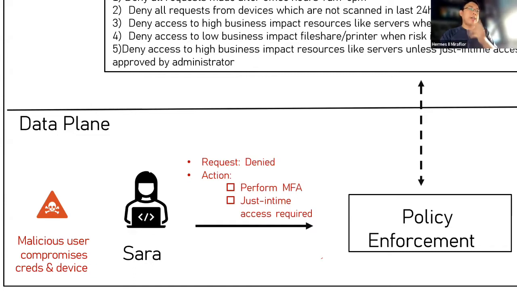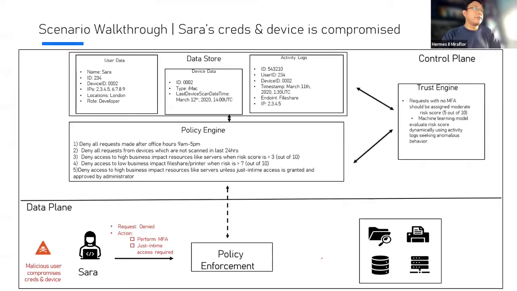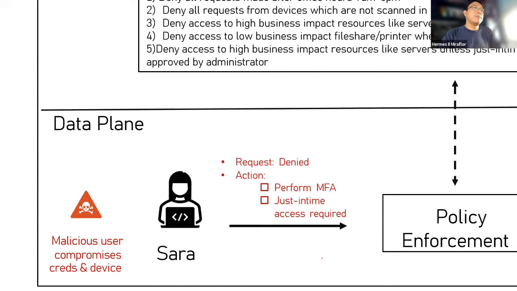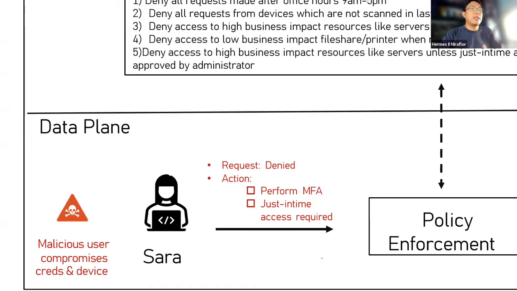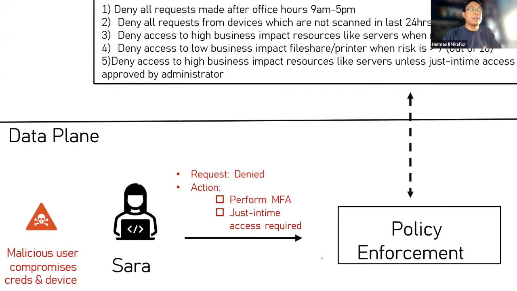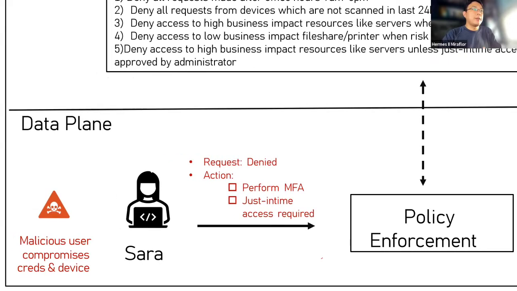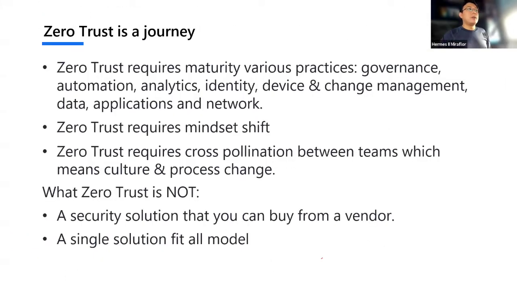Okay. So again, going back to the scenario of Sarah, right? So technically the request was denied because wala siyang MFA, and then wala din approval yung just-in-time access niya. Okay. So some key points here, right, for Zero Trust. Number one, what organizations, what customers and users need to understand is that Zero Trust is a journey, right?